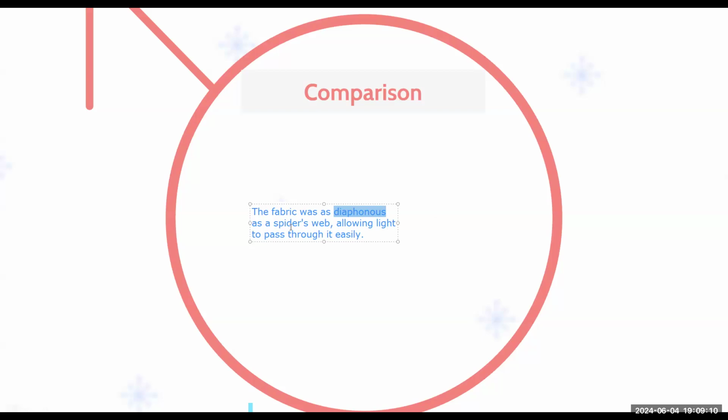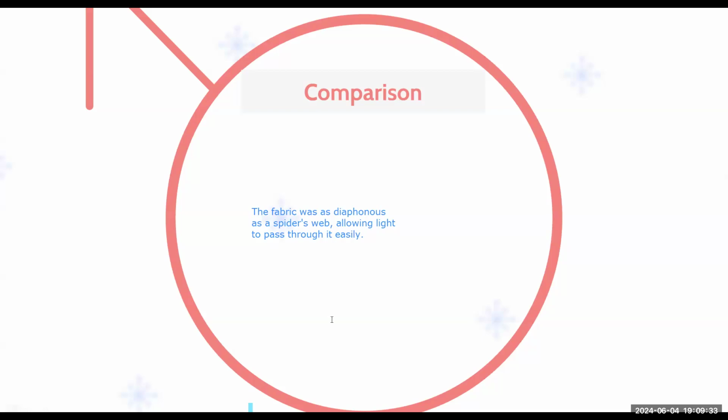What do you think diaphanous means? The fabric was as diaphanous as a spider's web, allowing light to pass through it easily. Clear, right? Or maybe it's you can see through it, right?